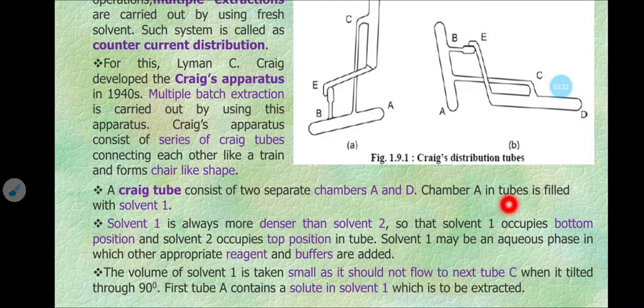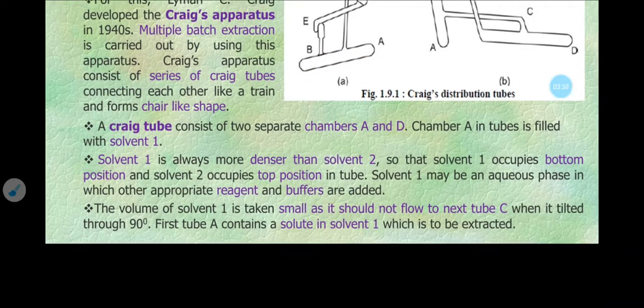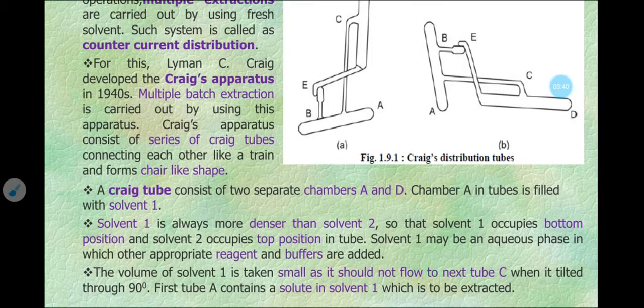Chamber A in a tube is filled with solvent 1, that means the aqueous layer. Chamber A याच्यामध्ये आपण solvent 1 हे घेतलं, that is solvent 1 will be the aqueous. Solvent 1 is always denser than solvent 2, so that solvent 1 occupies the bottom position and solvent 2 occupies the top position in the tube.